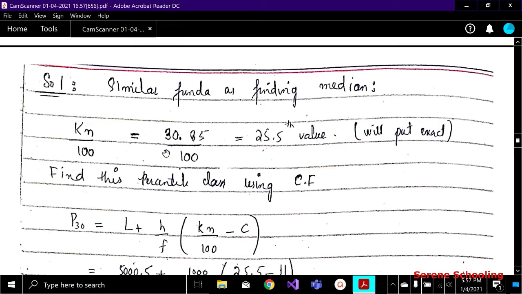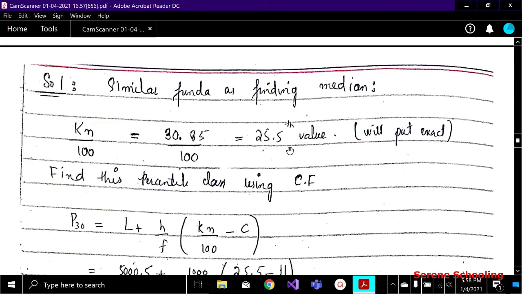Here you will do the same, just k into n by 100. Our k is given as 30 in the question. 85 is my total number of values, so the sum of frequencies is 85 over 100. It gives us 25.5, and we have to find this percentile class using the cumulative frequency.